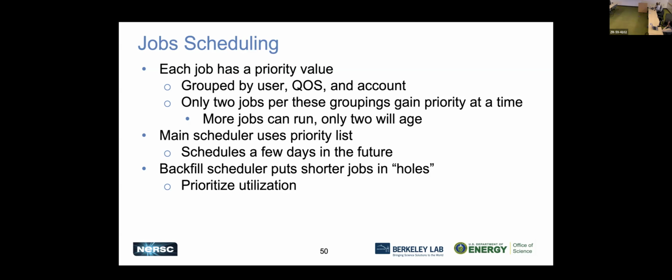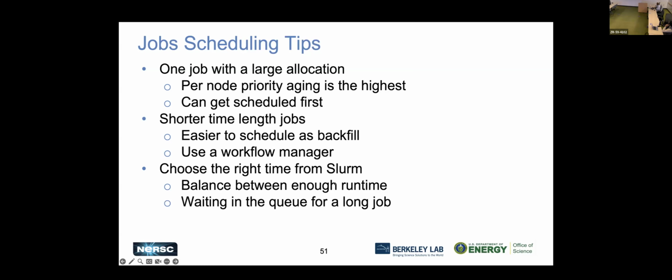We also have a backfill scheduler that puts shorter jobs in holes where resources are available to execute them. Getting your job running quickly can be a bit of a game to figure out what parameters to use. A good thing to do is also just monitor and see how busy the queue is. A lot of times we'll also send out emails and notices to let people know if the queue is really empty, and now is maybe a good time for you to do some simulations.